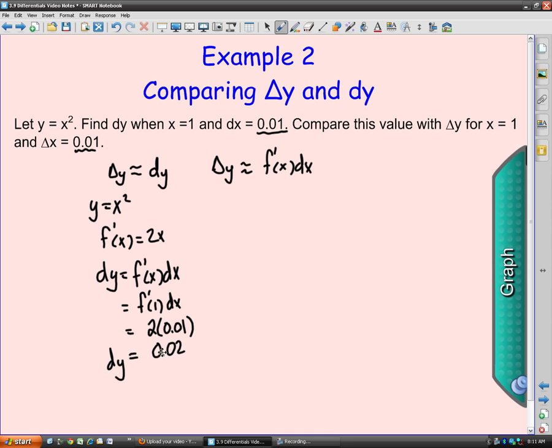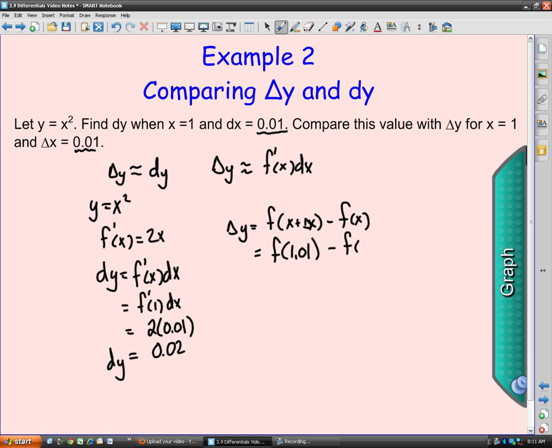Then if we wanted to use the actual delta y that we know and love from way back at the beginning, we'd say f of x plus delta x minus f of x. That's what we learned way back when we were doing the limit process. We plug in what we know: x plus delta x is 1 plus 0.01, so it's f of 1.01 minus f of 1.